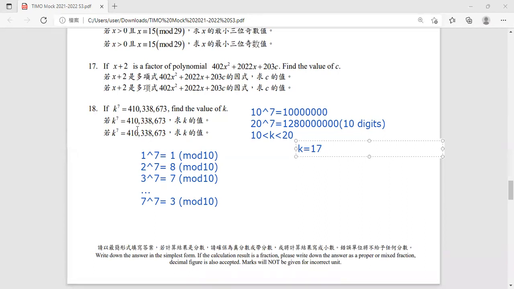If it were a three-digit number, but in the competition, the number will not be so large. You can do it yourself.